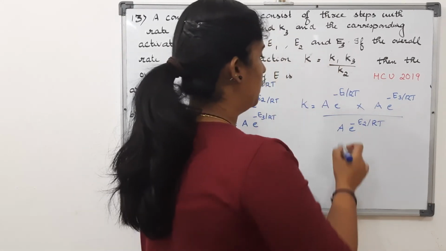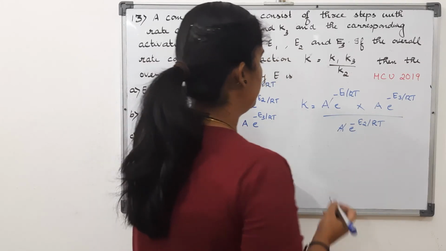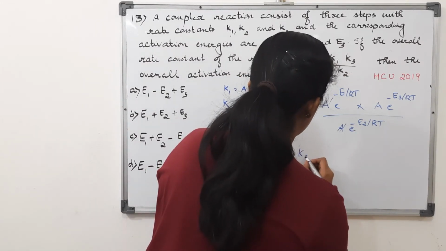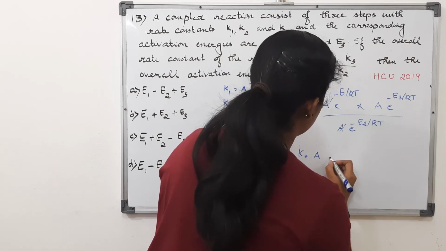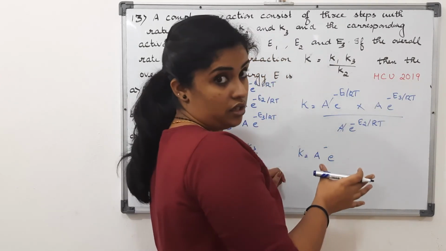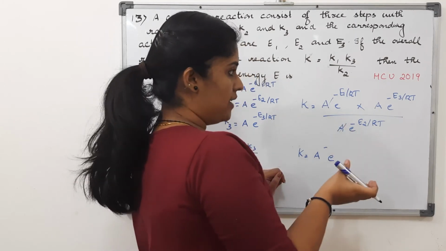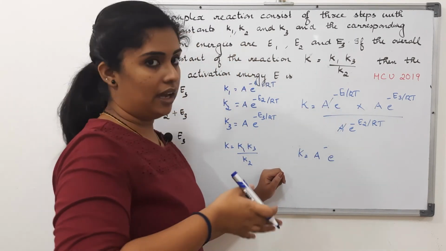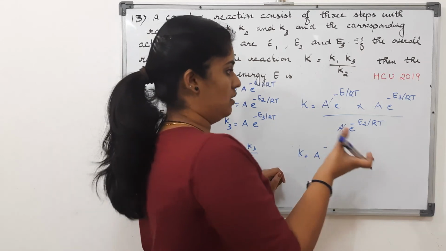Okay, so one of the A would get cancelled off, and finally what I would have is K equals A into e power minus, I can take this also to the top, and all the E terms, since they have the common base and the powers are different, I can just add the powers or subtract the powers accordingly, right?